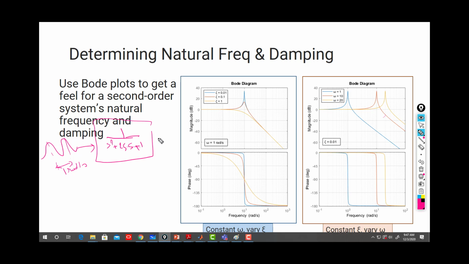You should expect high amplitude in general. Why? Because you are exciting your system at the natural frequency of the system.